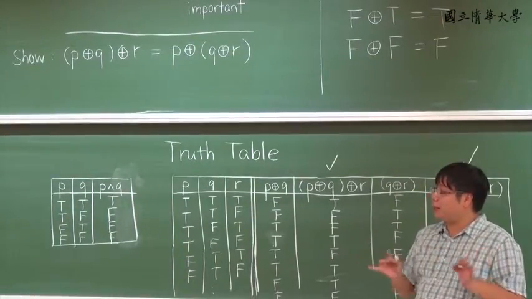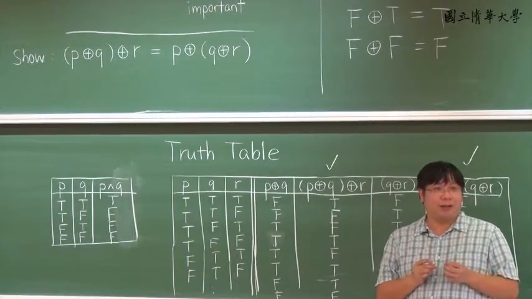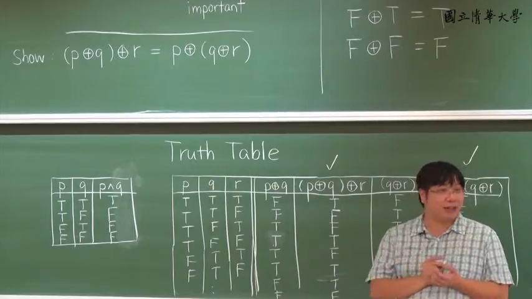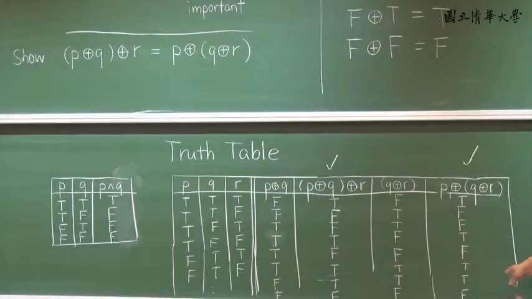But when the number of variables gets larger and larger, we will need to look for other ways to simplify the proof. Okay, is that okay? We will talk about more later, but at least at this moment the truth table works for us pretty nicely. Now let's take a look at the exclusive OR thing.